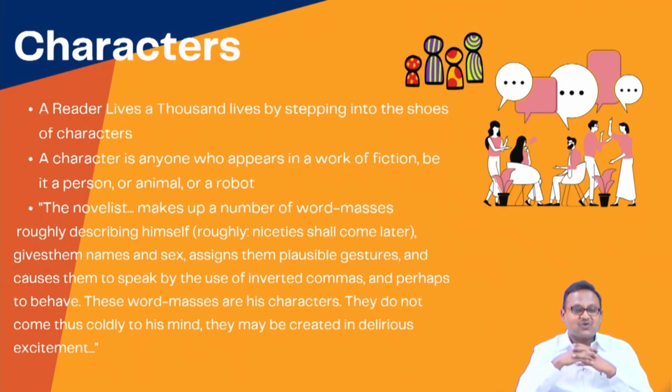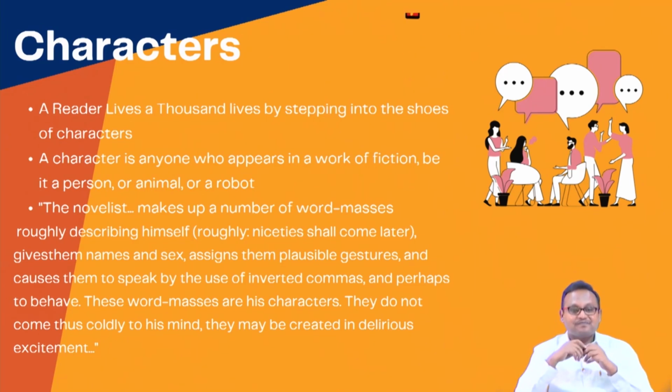Now, here is a beautiful quotation on characters. A critic says that the novelist makes up a number of word masses, roughly describing himself, and then gives them names and a sex, assigns them plausible gestures, and causes them to speak by the use of inverted commas and perhaps to behave.